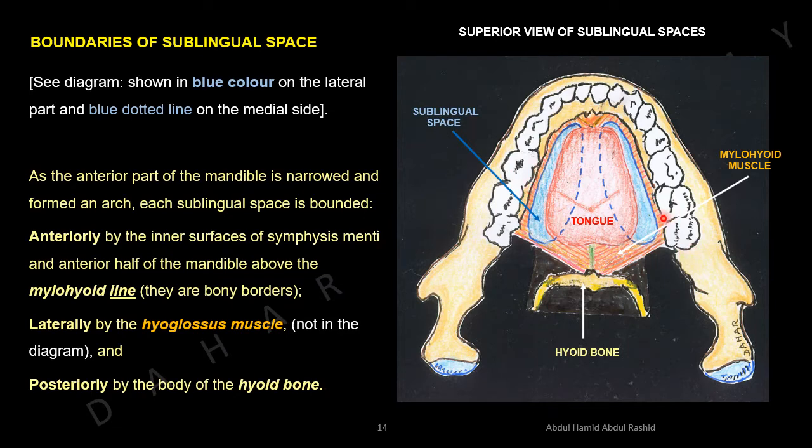Laterally on each side are the hyoglossus muscles, but not shown in this diagram. Posteriorly, it is bounded by the hyoid bone here. So these two are the sublingual spaces, partly on the lateral side in blue color, and on the medial side the dotted line. They are below the tongue in the oral cavity proper.